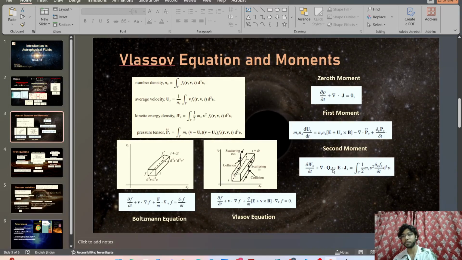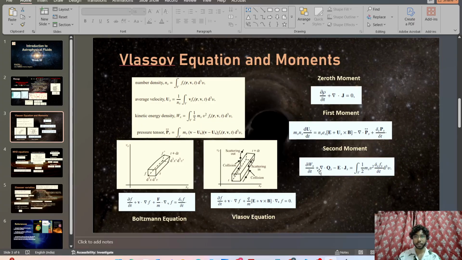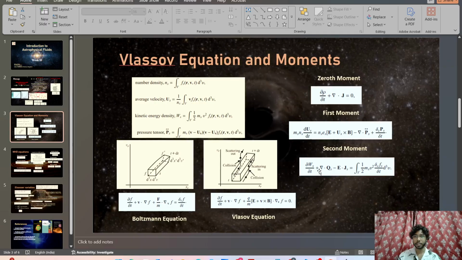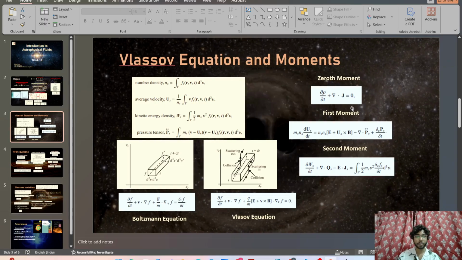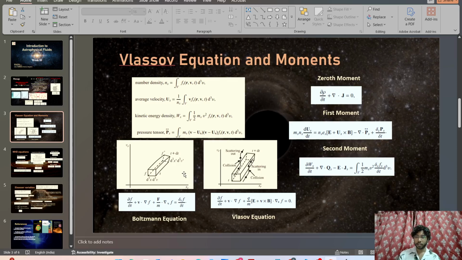It's the equation of the second moment. So I will also post notes for how to derive the second moment as well. It's a bit lengthy, but you can see the derivation. It will be the same as how we did the zeroth moment, using these definitions. Okay.